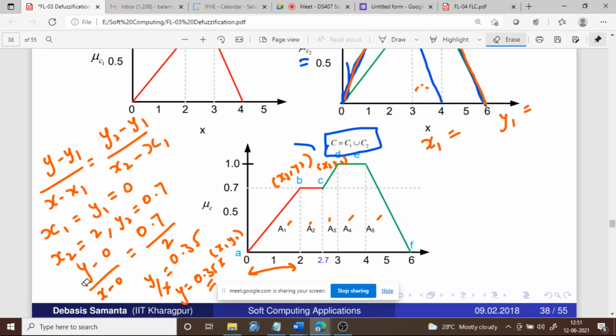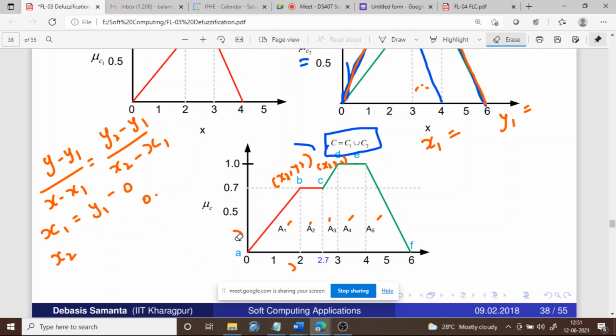What is x1 y1? But actually in this case you need not calculate anything, because this is a perfect straight line.